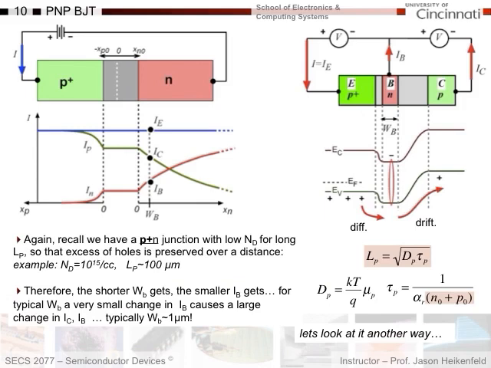Let's look at the design a little bit closer to make sure we can really appreciate why we want the base width so thin. You can see that beautifully shown here in that same current plot we had of current through a P plus N junction. Only out to a certain distance do you have to go before the electron current becomes large.